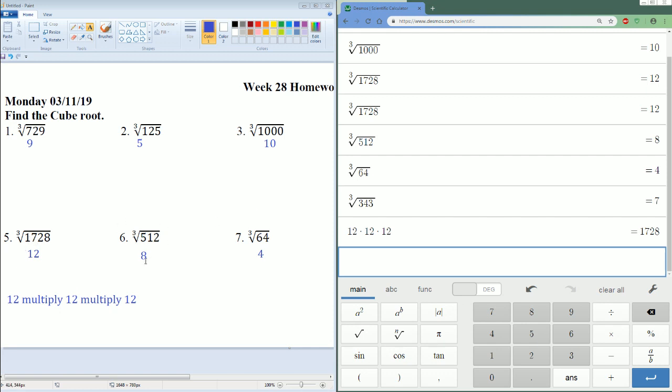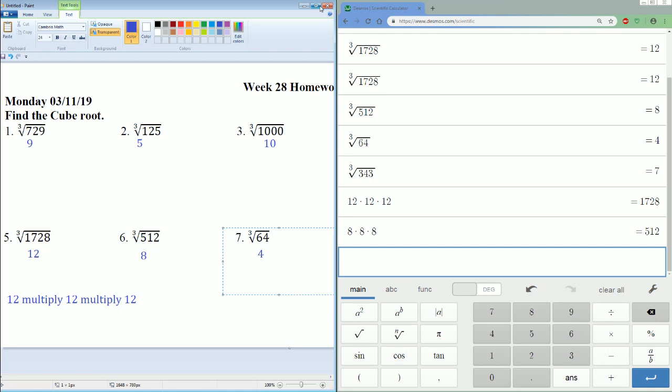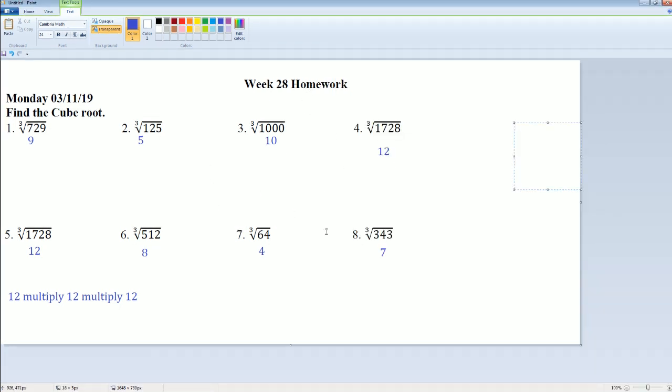Let's check number 6. The cube root of 512 is 8. That means 8 times 8 times 8, what does that get you? 512. Do you see? That's what the cube root is. It's just 3 of that value multiplying rather than 2 of that value like the square root. Alright, so there you go. Those were all your solutions for Monday that asked you for the cube roots.